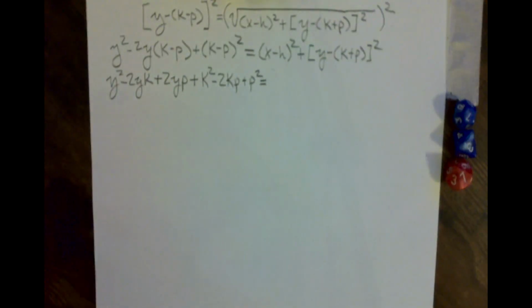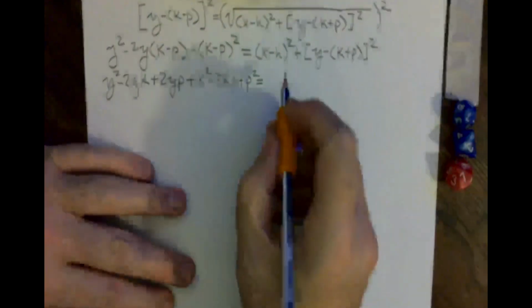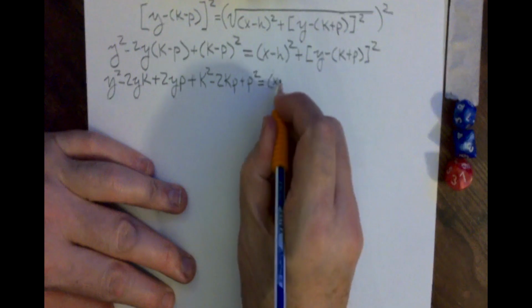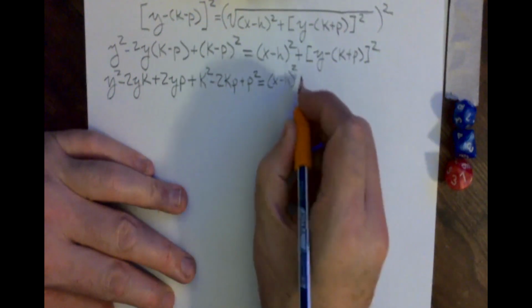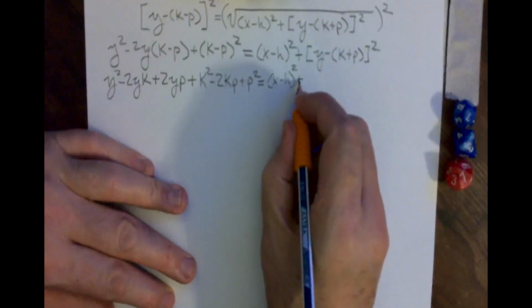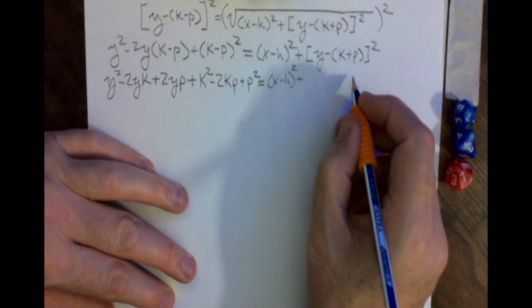I'm going to sharpen my pencil here. So we're going to leave that x piece alone and write (x minus h) squared. And we're going to square this thing.